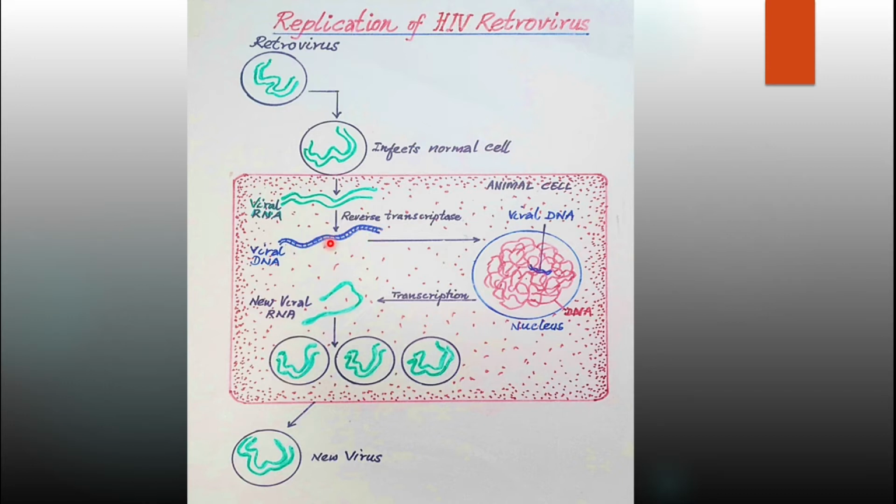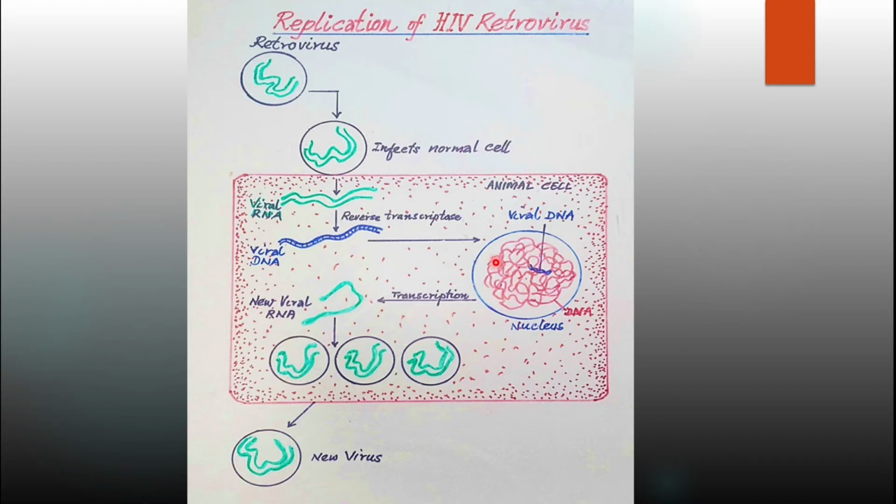The viral DNA promptly enters into the nucleus of the macrophage and there the viral DNA incorporates itself with the human DNA. So it becomes part of the human DNA. I am sure you have studied that the DNA constantly undergoes a process of transcription where the DNA is converted into RNAs.